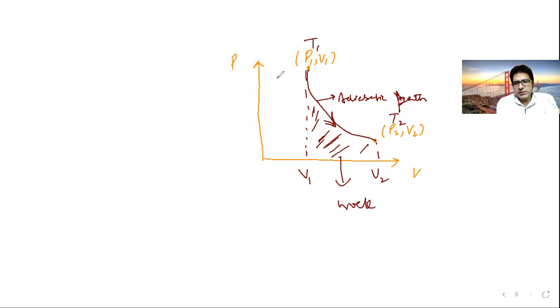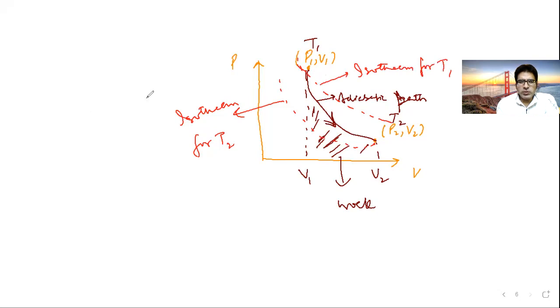So let this be isotherm for T2, and there will be an isotherm for T1. I just want to make the comparison. See, this was isothermal expansion, but because of decrease in temperature, adiabatic path is steeper. This curve is away from this, right?